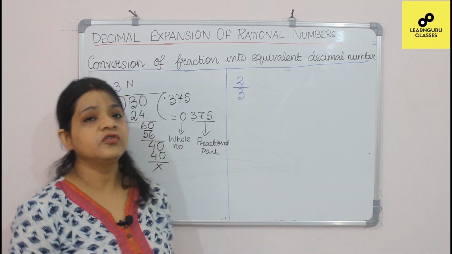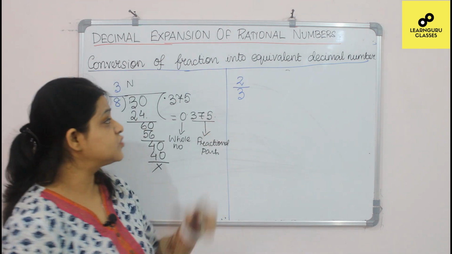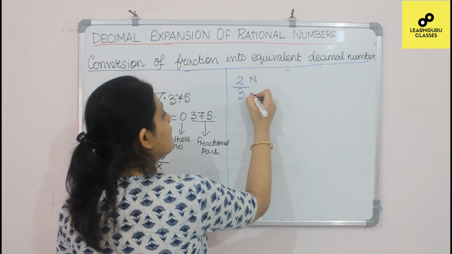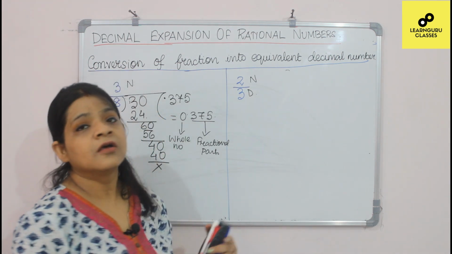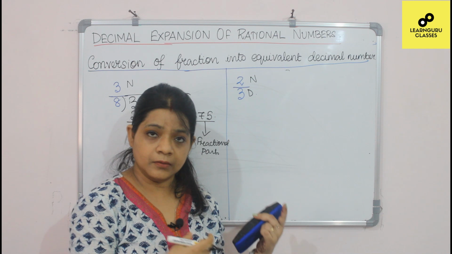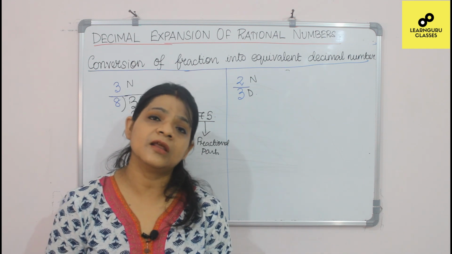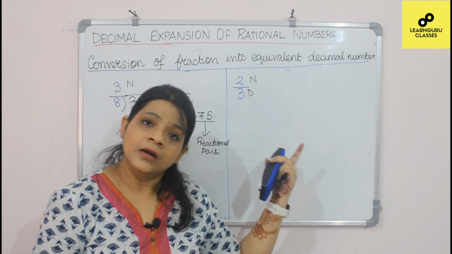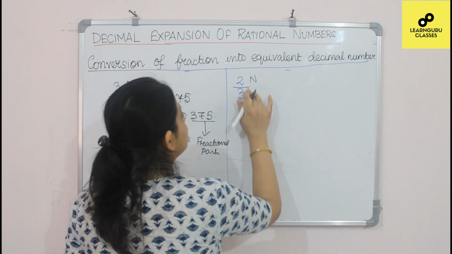Now let's move on to the next fraction, 2 by 3. Again this is the numerator and this is the denominator. To convert a fraction into its equivalent decimal expansion, you have to divide the numerator by the denominator. So what will you do?